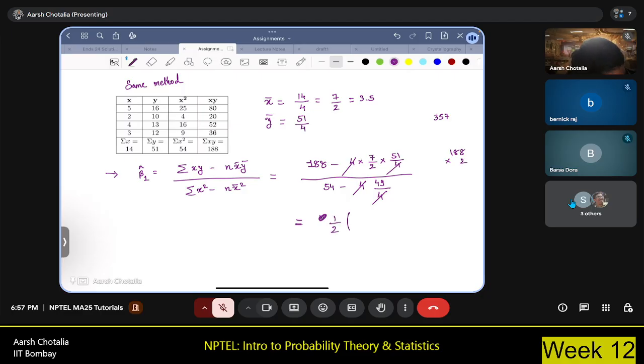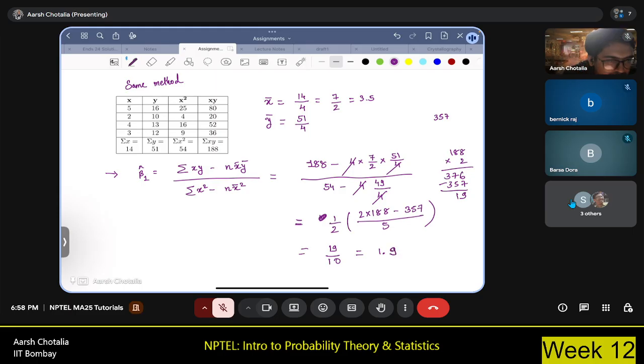So it is 1 by 2, 2 into 188 minus 357, divided by 5. 2 times 188, that is like 360 and 376. So 376 minus 357, this gives you 19. Alright, so it is 19 divided by 10, which is 1.9.